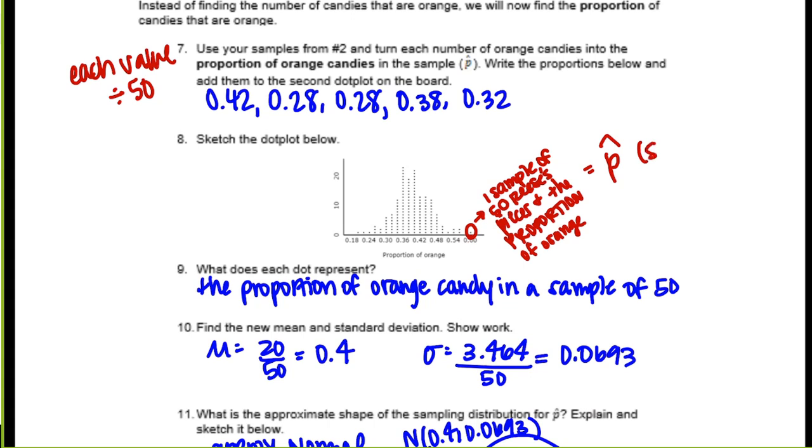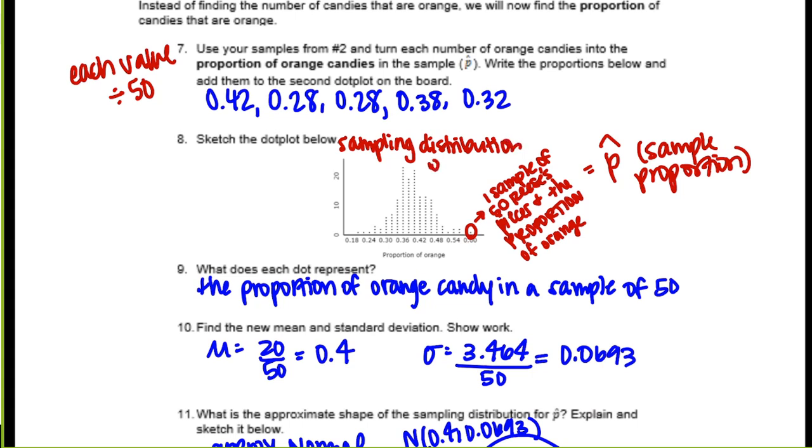And that's going to be a sample proportion, or proportion from a sample. And so each of these little values are all little p hats. So this is called the sampling distribution, not of X, but of p hat. And so p hat equals X over N: your X value, number of orange candies, over your sample size, 50. And so that's what each of these are. These are all p hats.